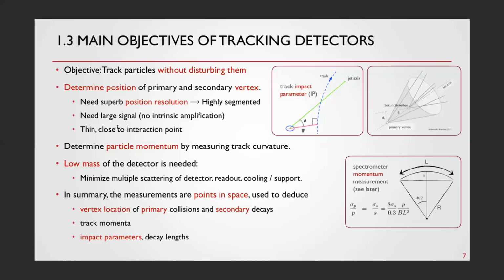We talk about a few centimeters away from the interaction vertex, where the first pixel measurements actually happen. With a few centimeters distance, 5 centimeters, and tens of microns position resolution, we can achieve 10 to 100 micron primary and secondary vertex resolution measurements, and with these we can identify, for example, the B meson.